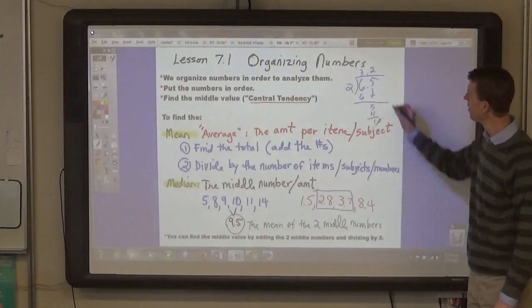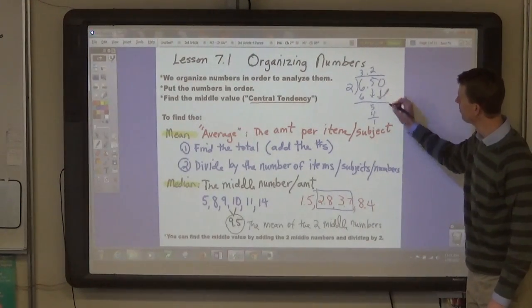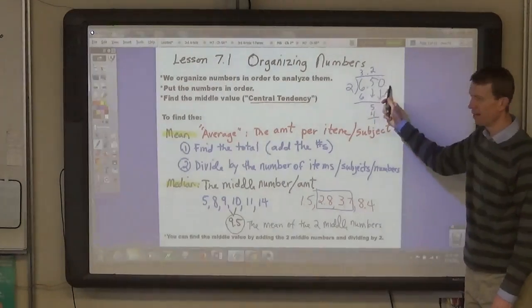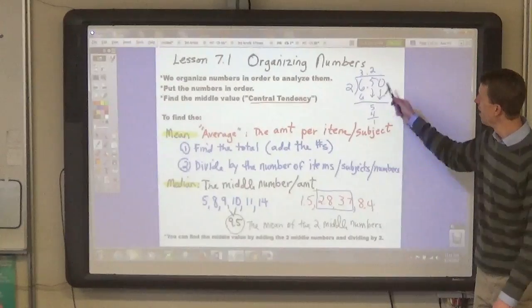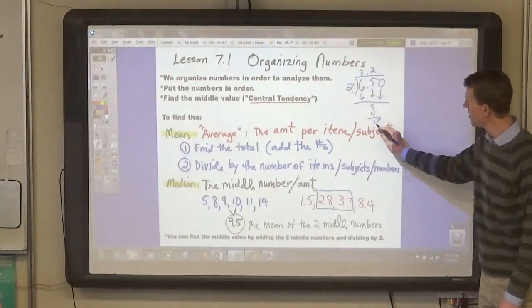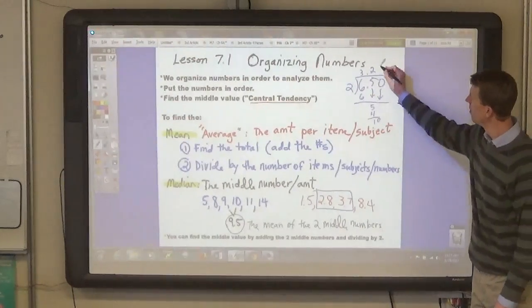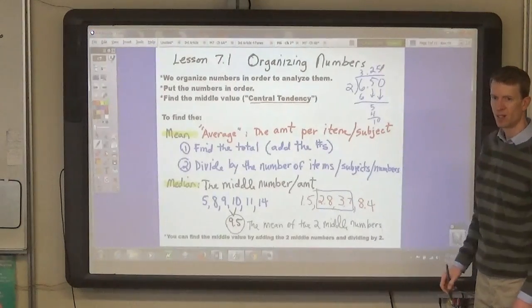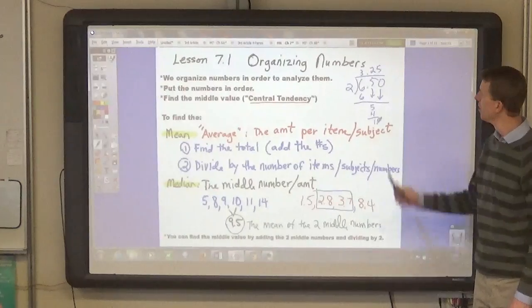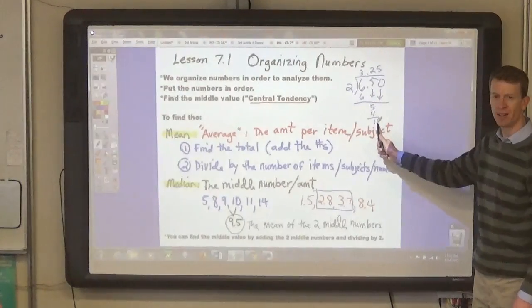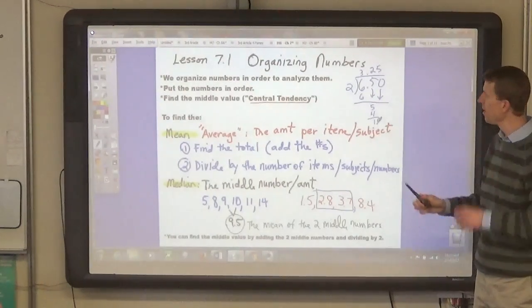Bring down the 1. Now you have to add a 0 here to keep dividing. Bring down the 0. 2 goes into 10 5 times. And do we get a remainder 0 now? Because 5 times 2 is 10. If you have a 0 remainder, you can stop.